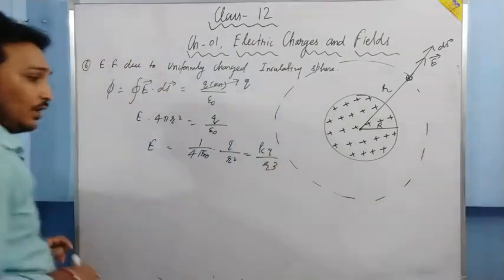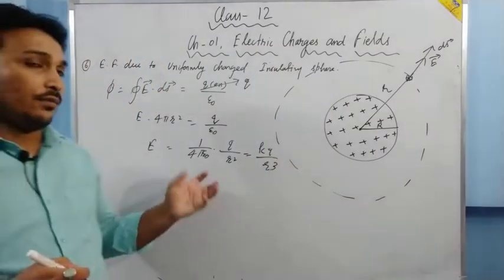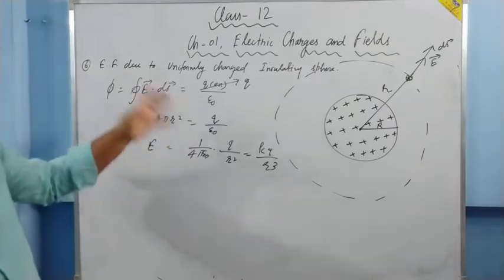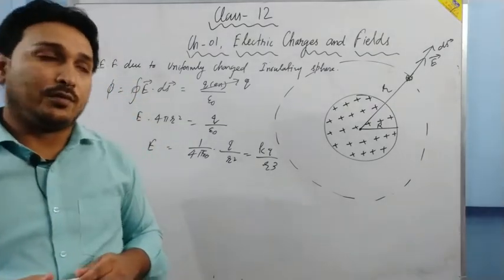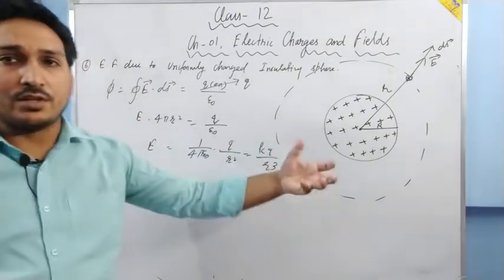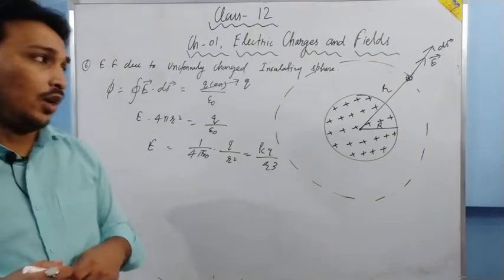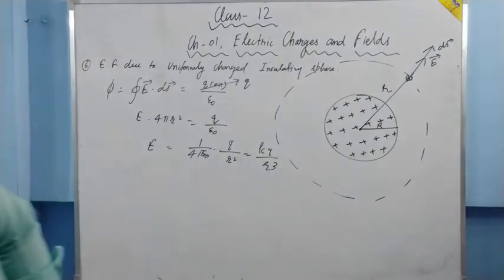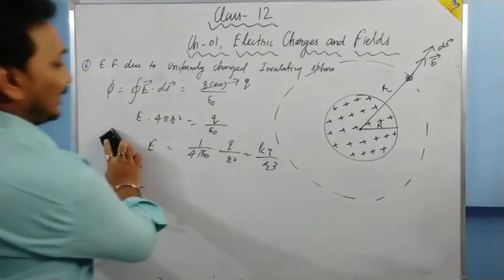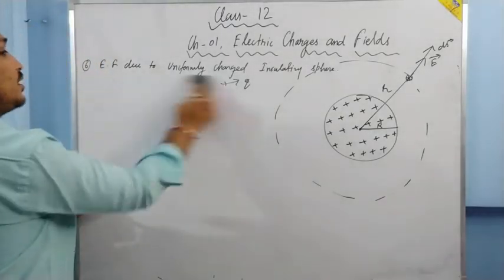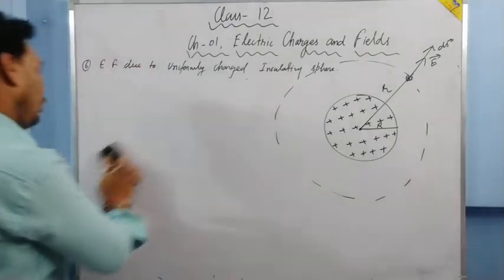I have done it in hurry because we have done it already. We have done it in the previous one. For the surface also the derivation remains same. But inside the sphere it will be something different, and that thing I wanted you to know.